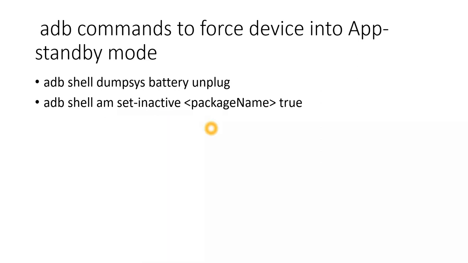So set-inactive, then the package name of whichever app you want to set inactive, and you have to pass the argument true. By passing true, I'm making the app with that package name an inactive application.